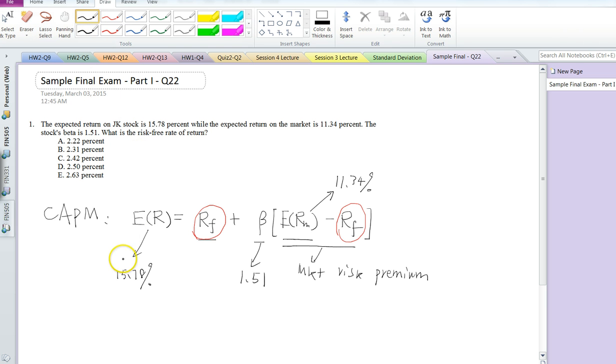So how do we do that? Let me switch the sides, moving the unknown to the left hand side to see this more clearly. The left hand side becomes RF, and using the distribution rule, I want to combine the terms for RF.